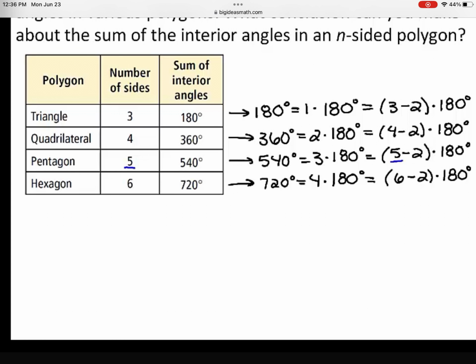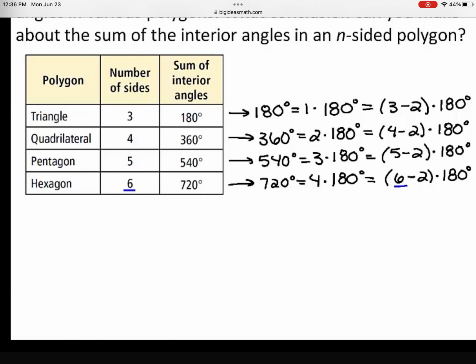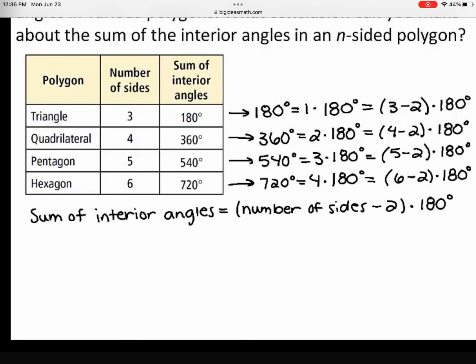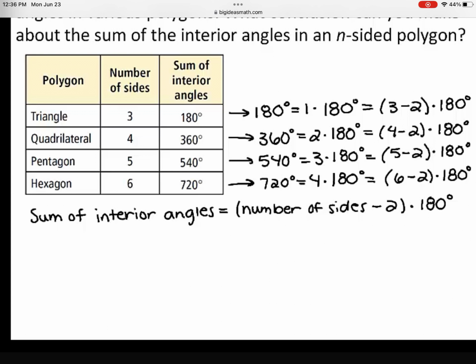The sum of interior angles of a pentagon can be written as the quantity 5 minus 2 times 180 degrees, and the sum of the interior angles of a hexagon can be written as the quantity 6 minus 2 times 180 degrees. So, the sum of the interior angles of a polygon is equal to the number of sides minus 2 times 180 degrees.